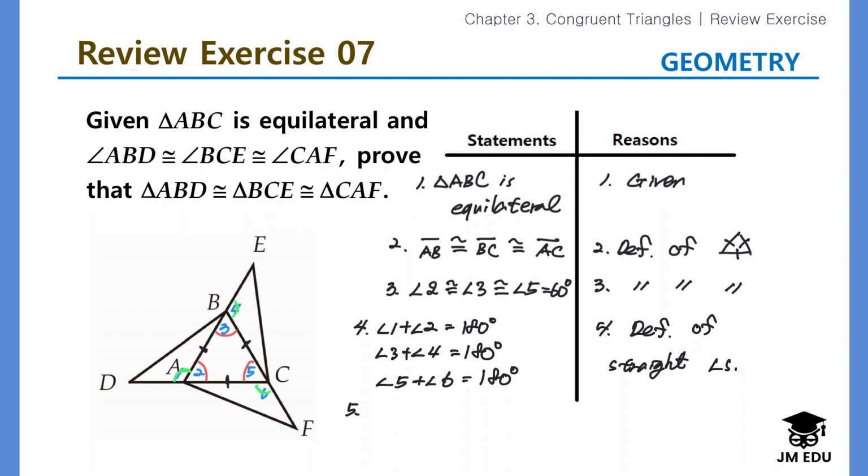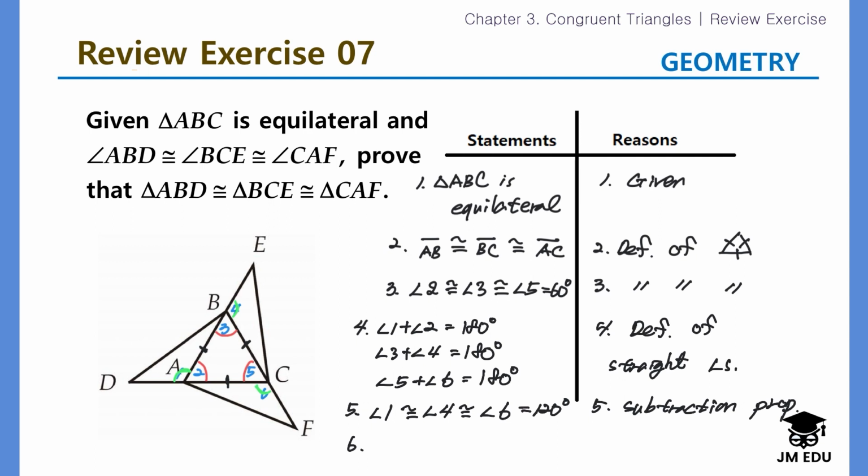Angle number 1 is congruent to angle number 4 is congruent to angle number 6. They're all 120, right? If we subtract 60 from 180, right? So that's going to be subtraction property, right?